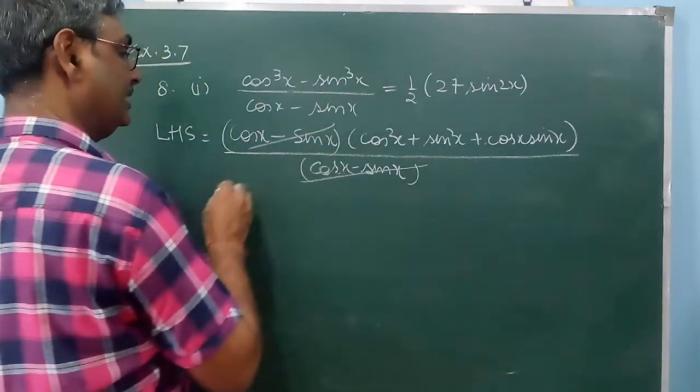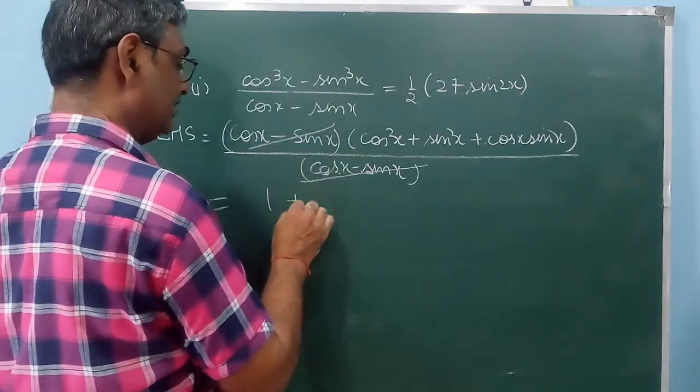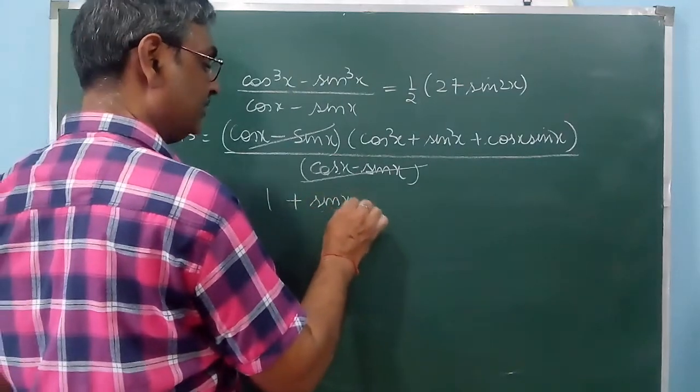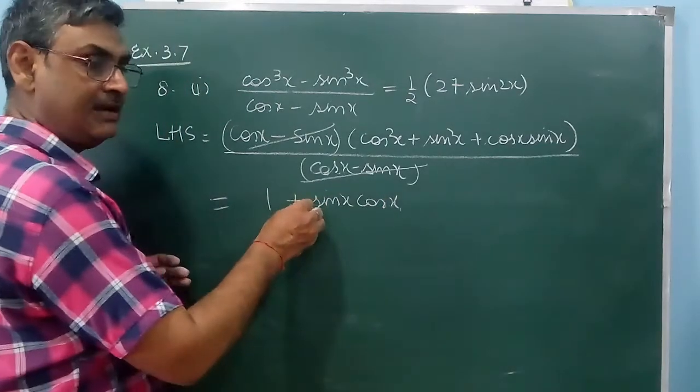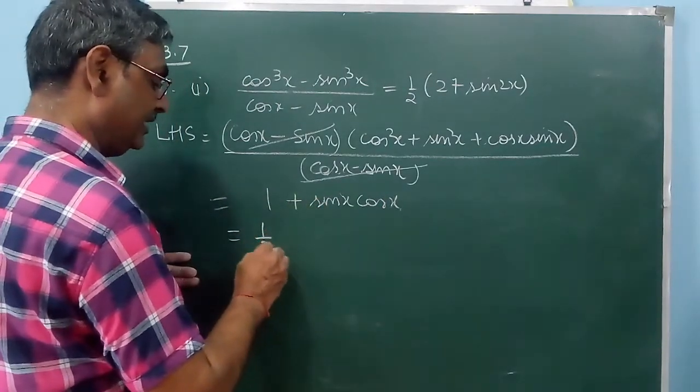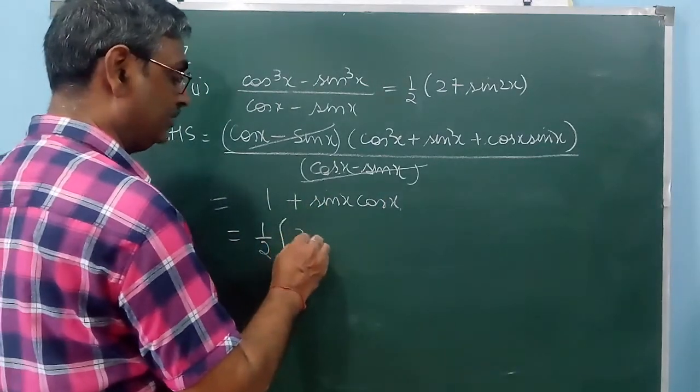These two will be getting cancelled. This is 1 plus this is sin x cos x we can write. We cannot use the formula here till we are having 2 here. So what we can do, we can write here 1 by 2 and multiply here by 2.